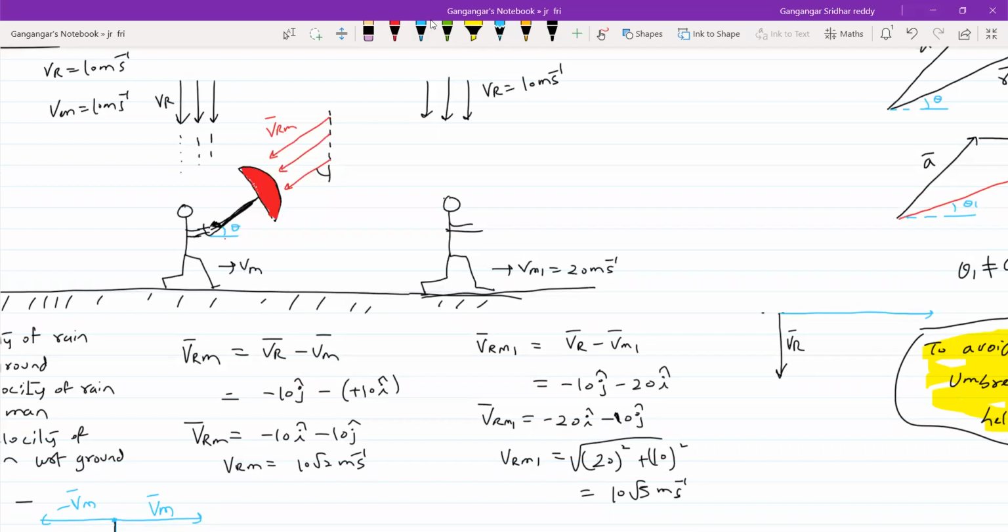So this is plus VM1 bar; minus VM1 bar will be directed in this way. Let me draw the resultant triangle. Minus VM1 bar, then this will be VR bar. This will be the new resultant.